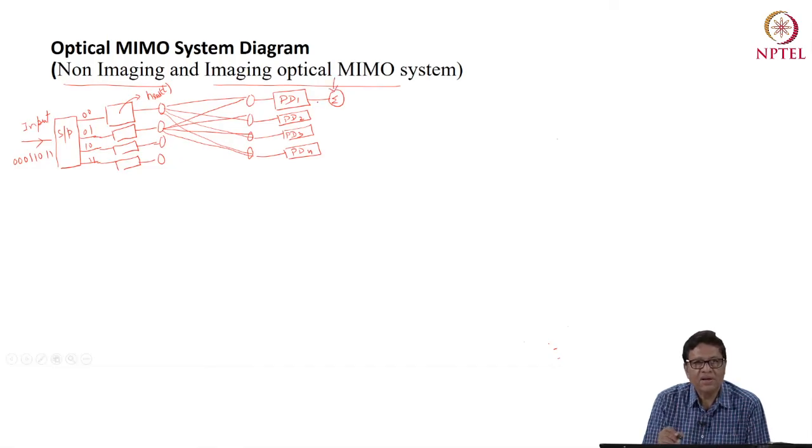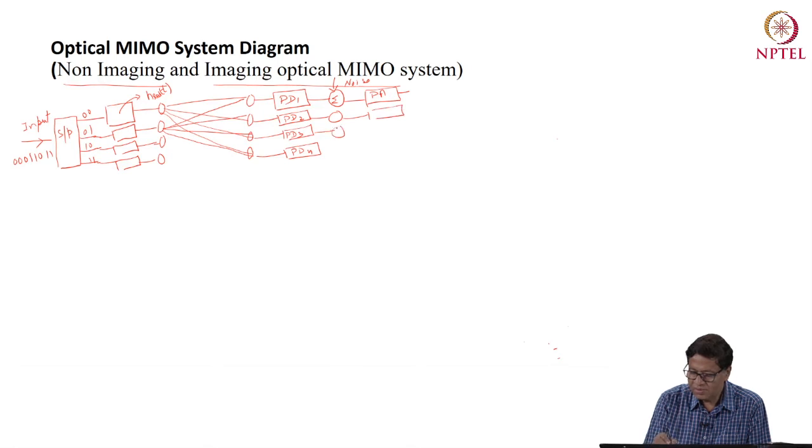And then at each PD, when you model, there will be some noise added. Could be natural light or some artificial light, and the noise generated by the photodiode itself. So this is the noise part. And then they may have some preamplifier. So basically you will get 4 such outputs.